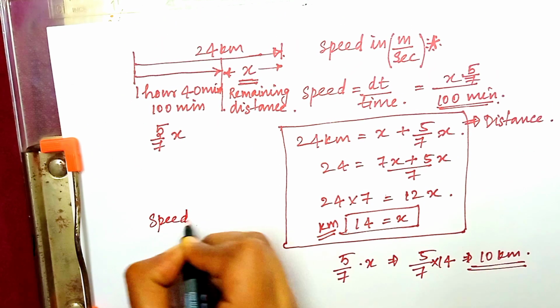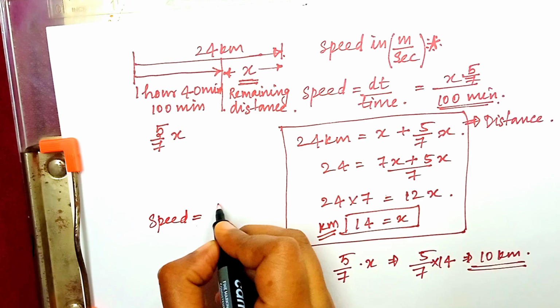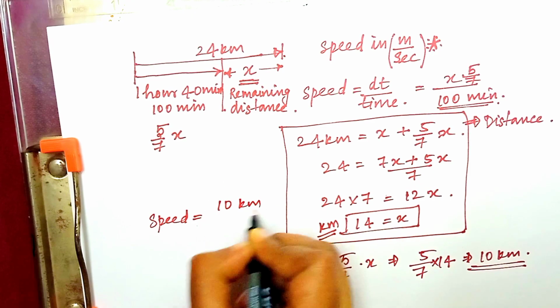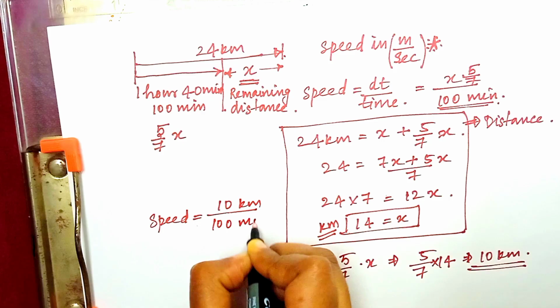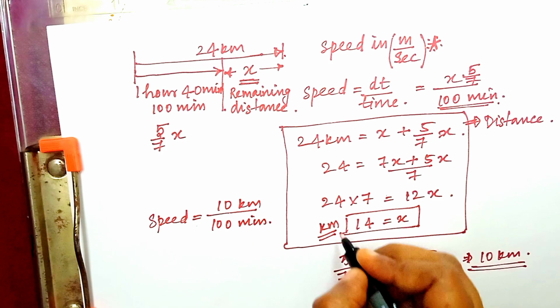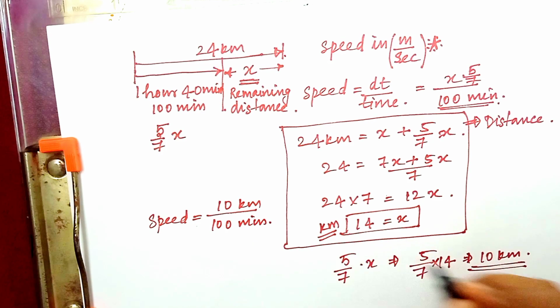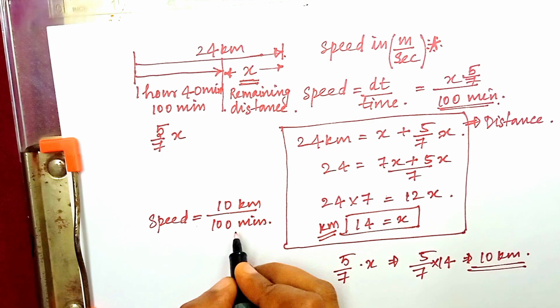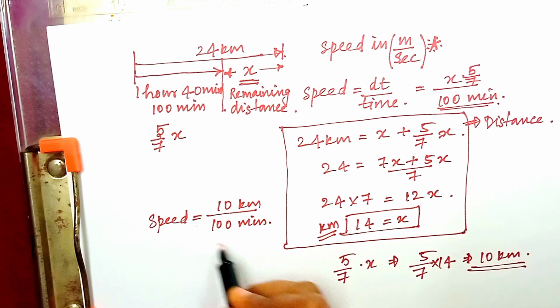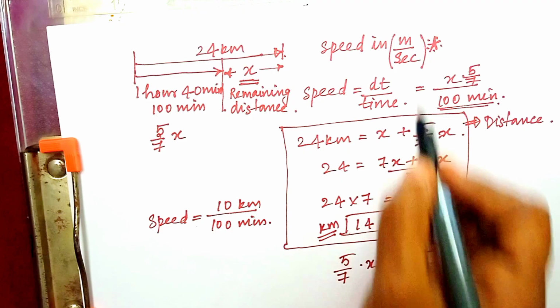Speed is 10 kilometer by 100 minutes. Remember, I keep writing the units along with it so that we shouldn't miss the unit. So speed is equal to 10 by 100, and we want this 10 kilometer by 100 minutes in meter per second.